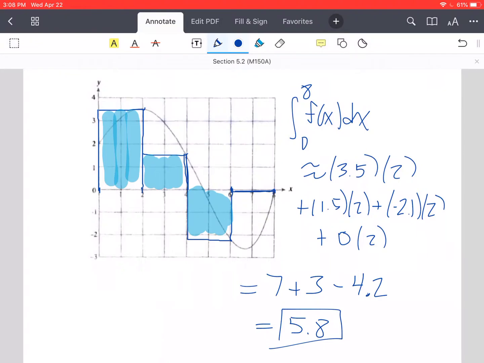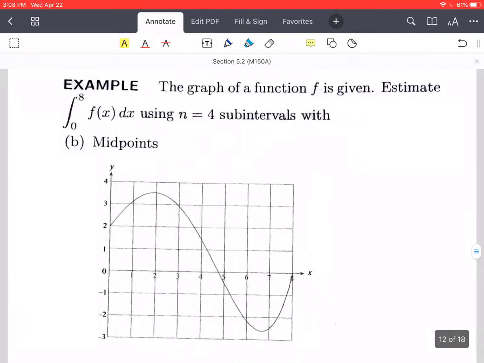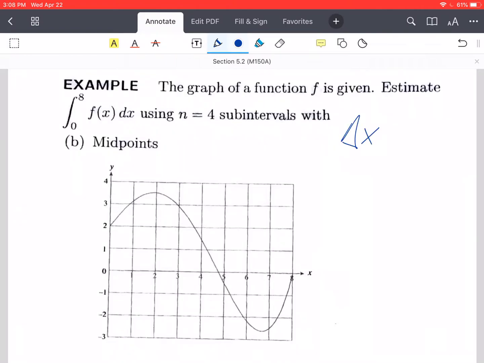So now, let's go look at doing the same thing with the midpoints. So for the midpoints, so again we have delta x is 8 minus 0 over 4, which is 2. So we go 0 to 2, 2 to 4, 4 to 6, 6 to 8. And now let's go ahead and get those midpoints.